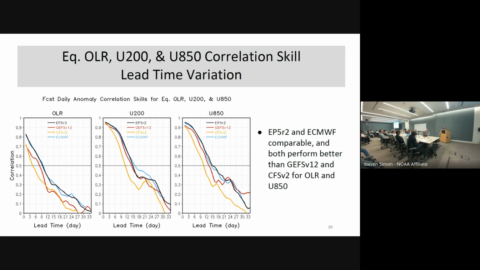Well, we can see here the lower scales in the EP5R2 compared to the ECMWF at longer leads after 15. So this is maybe the cause for the root mean square error and the MJO scale shown in the previous slide. Then for the GEFSv13, the scale jump mainly comes from the U850.